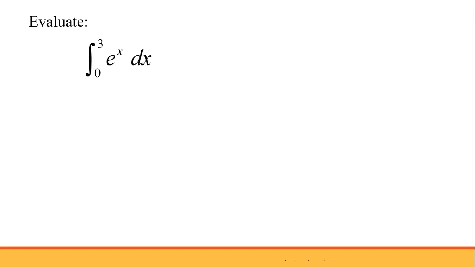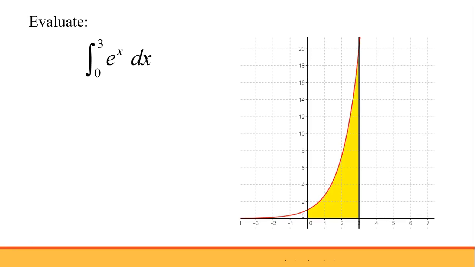So let's see how that works with some other functions. Let's say we'd like to find the integral from 0 to 3 of e to the x dx. We're looking for the area under the graph of e to the x that has x-coordinates between 0 and 3, and that also is above the x-axis.